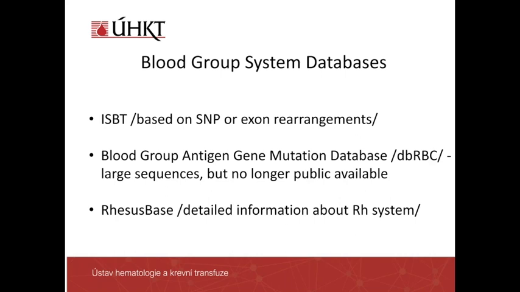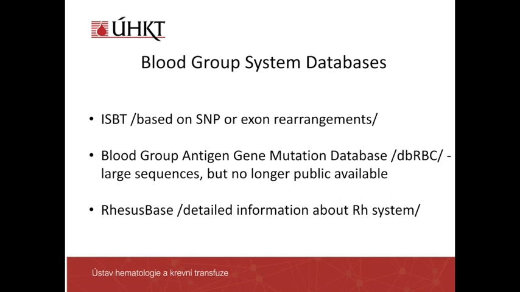Information about blood group systems and blood group antigens are available in several databases. One of them is the ISBT database, available on the ISBT web page. This database is based on SNPs, so single nucleotide polymorphisms or exon rearrangements.